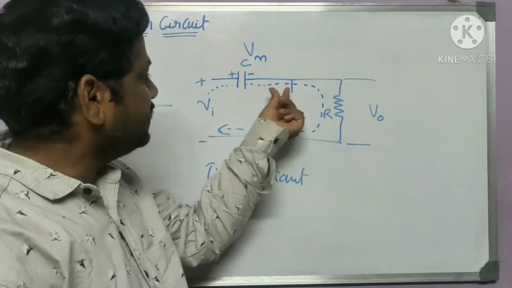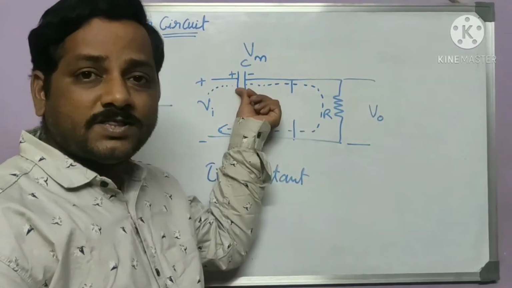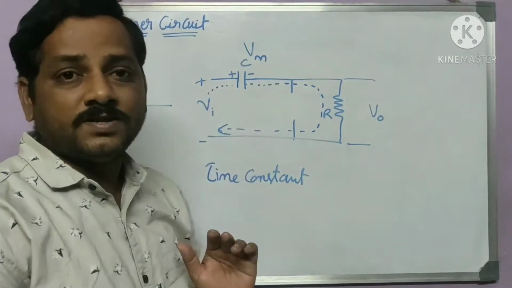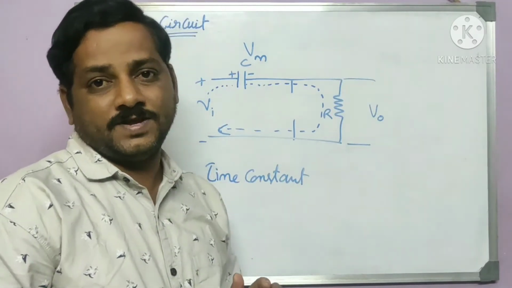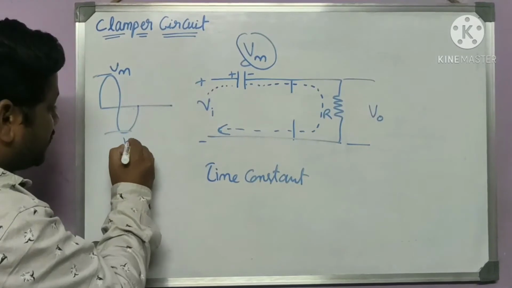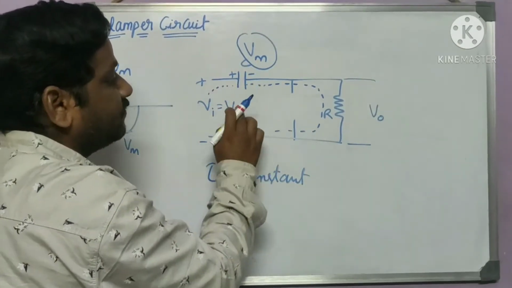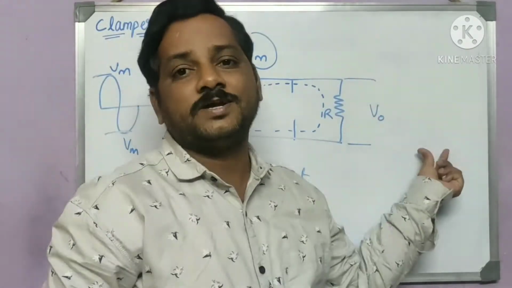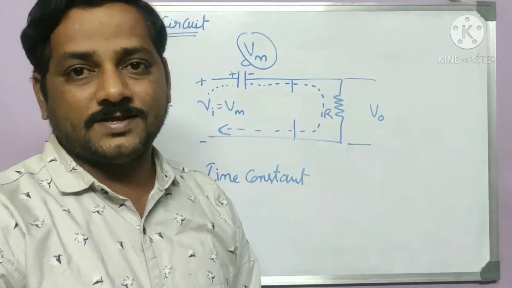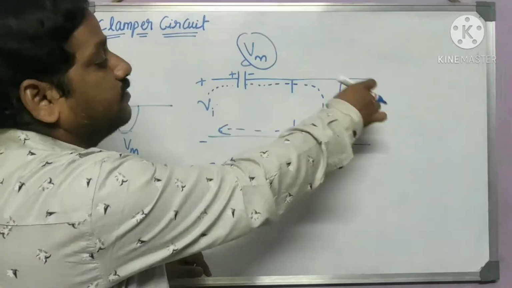So even though there is no flow of current in the negative cycle here, the capacitor will hold that Vm as it is. So there is a Vm voltage, and the negative input maximum voltage is also Vm. So Vm plus Vm, that complete output will be coming at the output side. Whatever input I am giving, including this, we get the output.